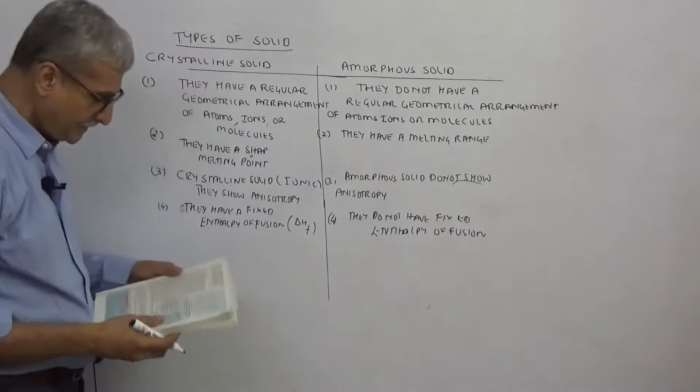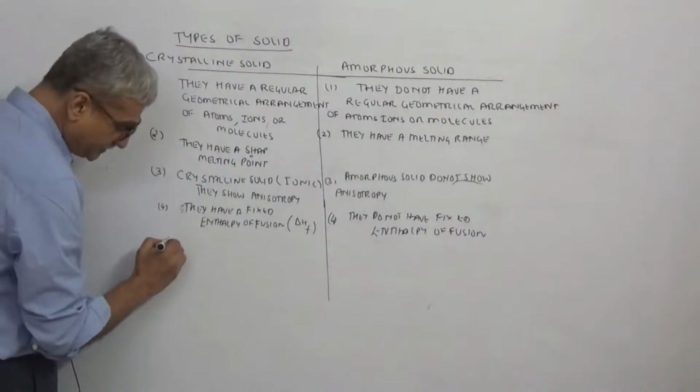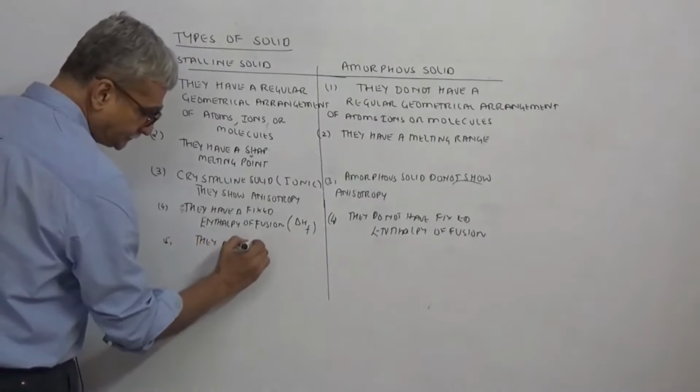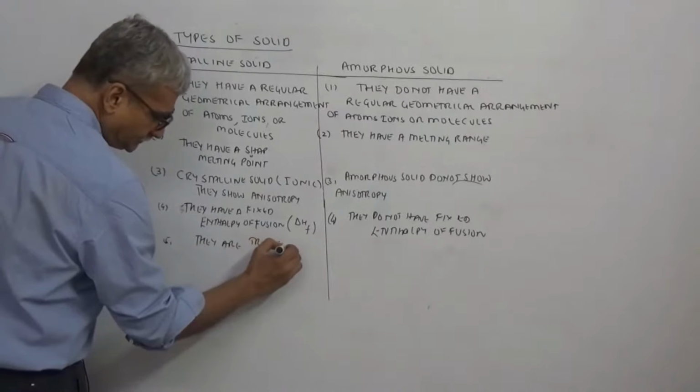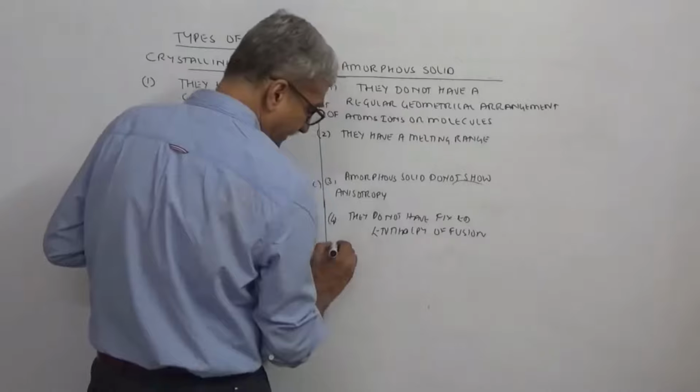Is this clear? Then there is one more property. So fifth, crystalline solids are true solids, whereas these are called pseudo solids.